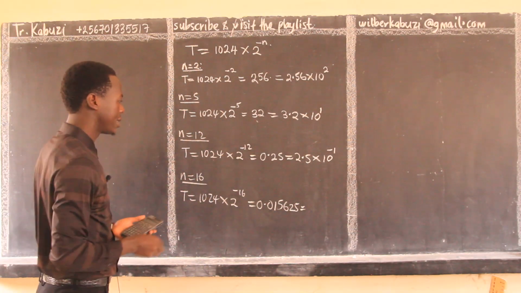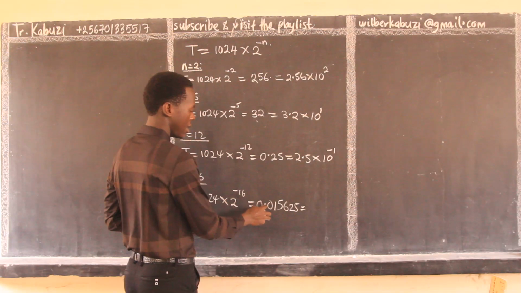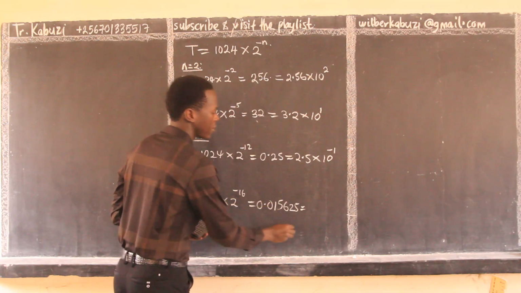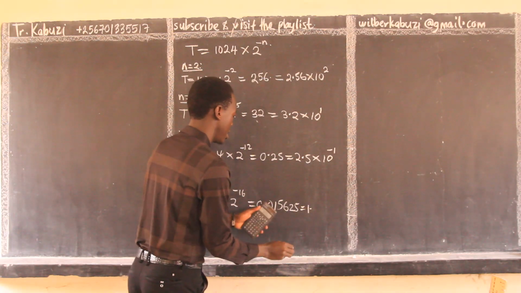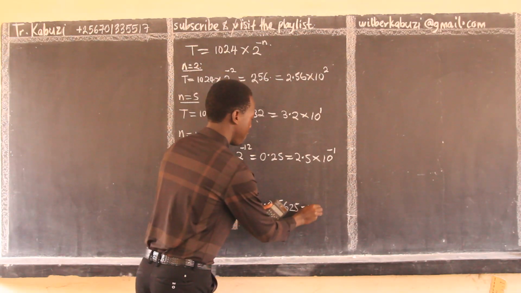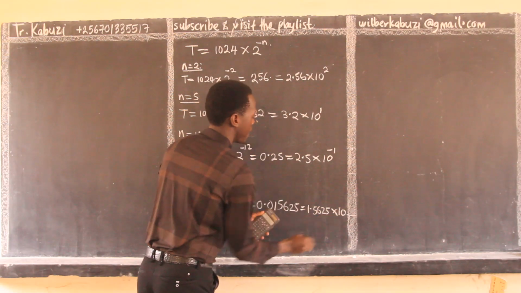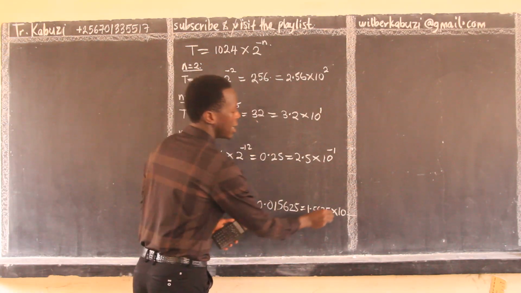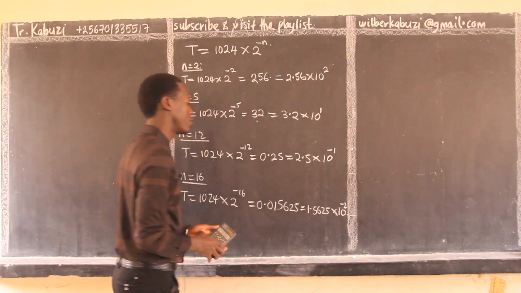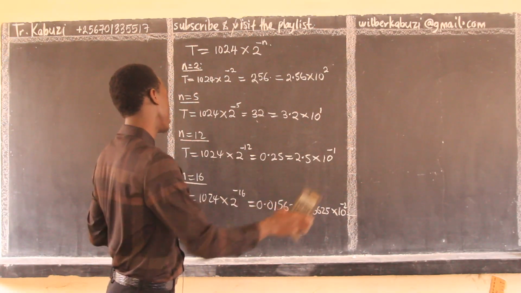Now to express it, we are going to move 2 places, so we'll be having 6.25 times 10 power negative 2. This is negative because we are moving towards the right.